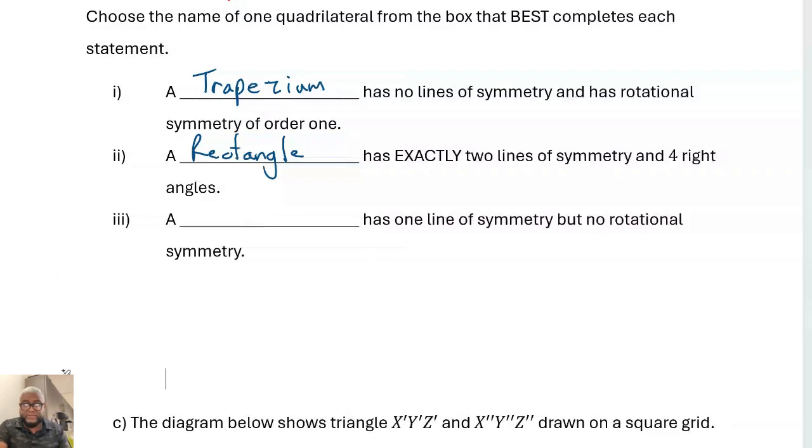So I want to give you all a note on rotational symmetry, right? Okay, red.